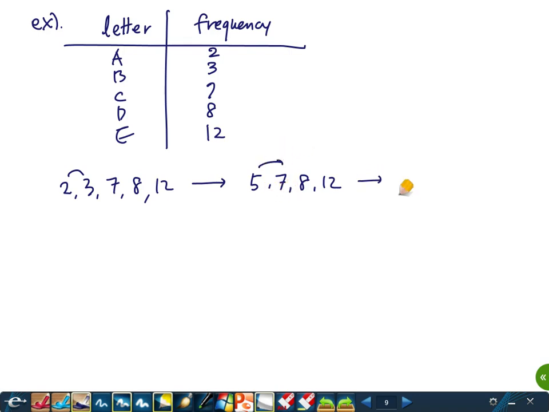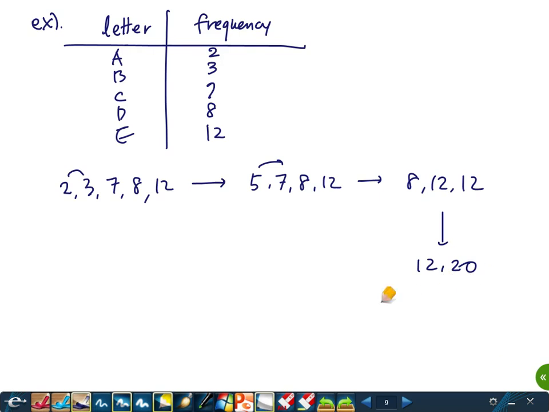And then that will be 8 and 12, 12. We have two 12s. It's fine that we have the same number twice or more. And here, we add the two smallest numbers together, then we get 20. Now we have just two frequencies.